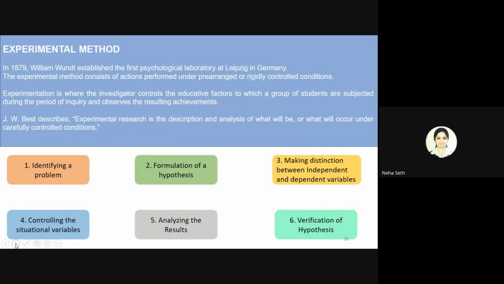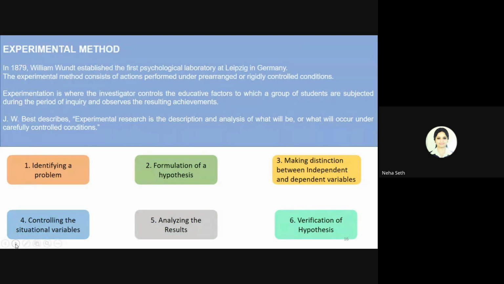Once we have this hypothesis, we can make a distinction between independent and dependent variables. The variables that we are considering under the study, we need to segregate them under independent and dependent variables. Then we have to have that controlled situation where we are able to control the situational variables.